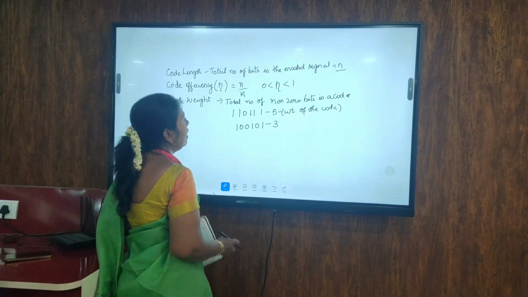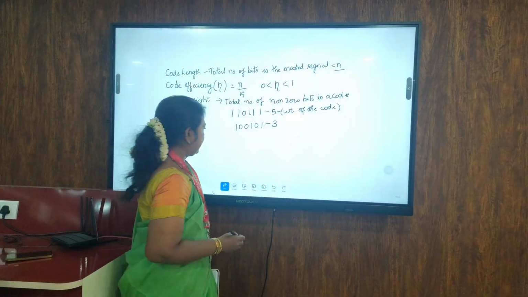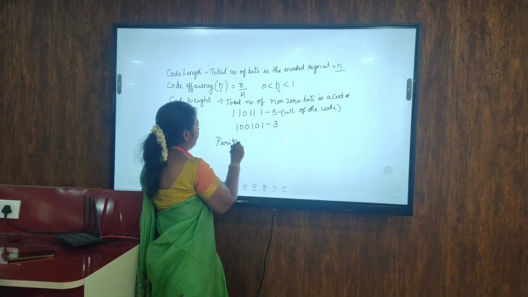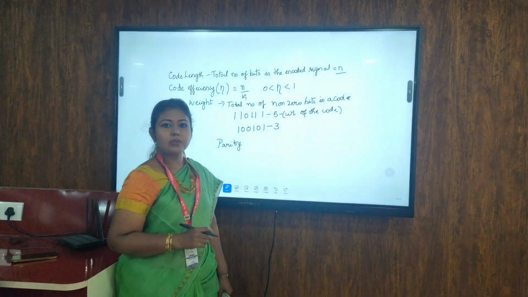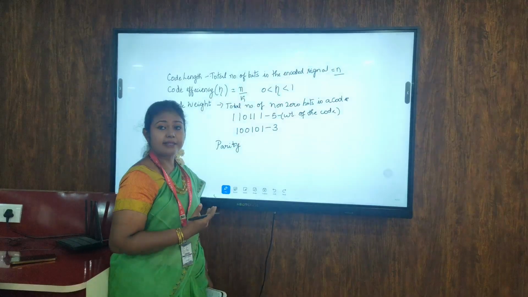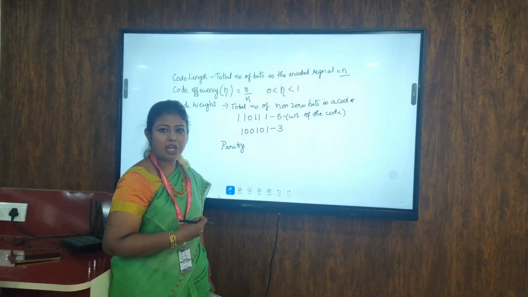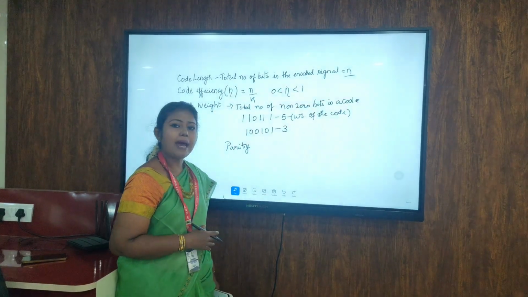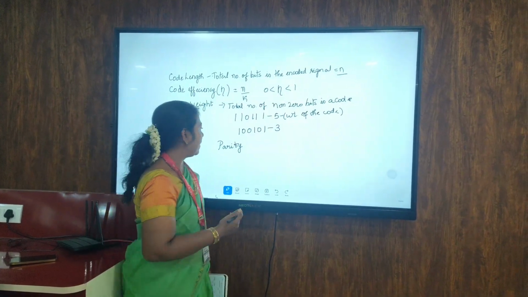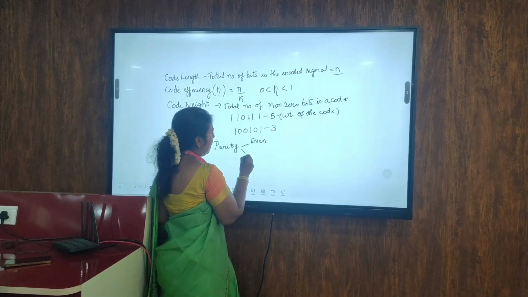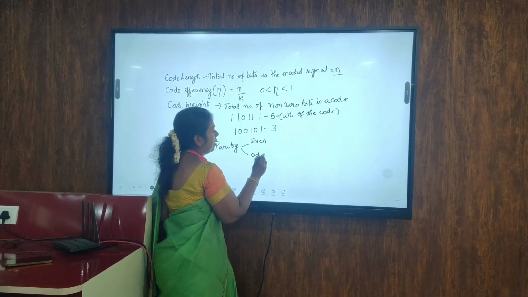Now, we all know about parity. Parity, as we already discussed, is the number of extra bits added by the channel encoder. In parity there are two different types: even parity and odd parity.